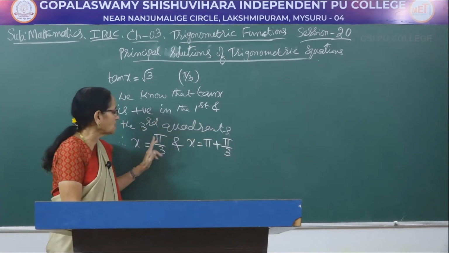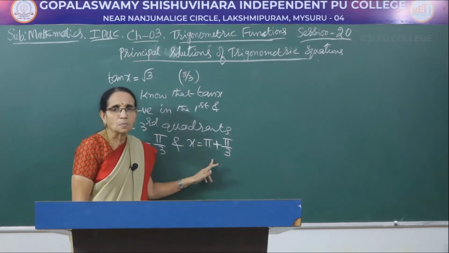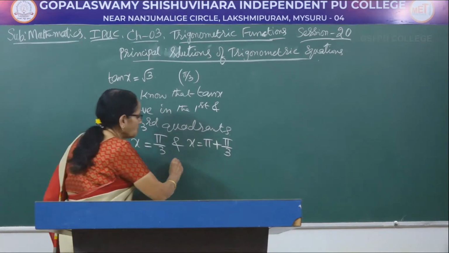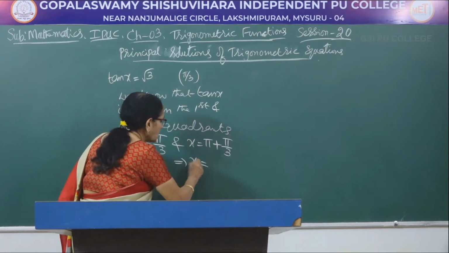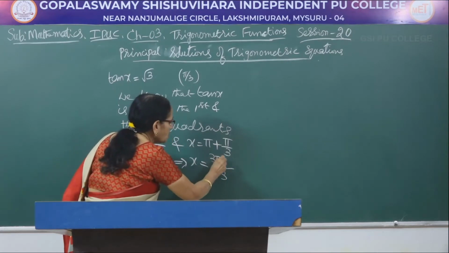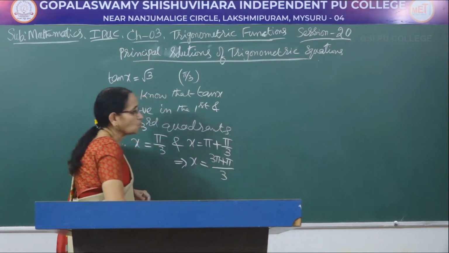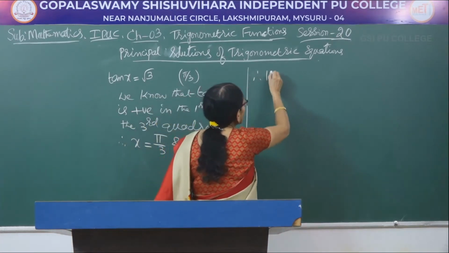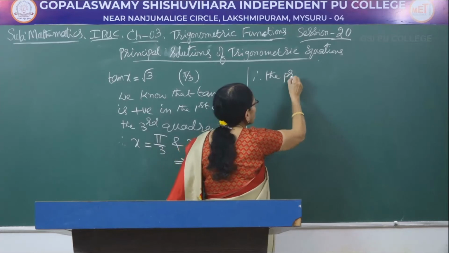So first quadrant means pi by 3. Third quadrant means pi plus pi by 3. Therefore, if you simplify this by taking the LCM, 3 is the LCM, 3 pi plus pi, so that would become 4 pi. Therefore, how do you write the principal solutions?